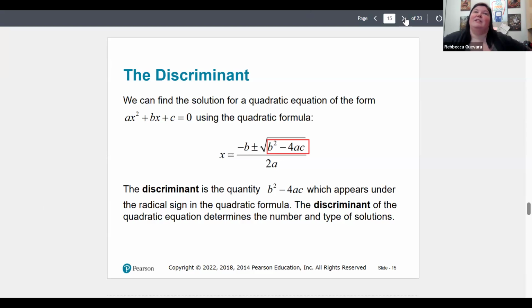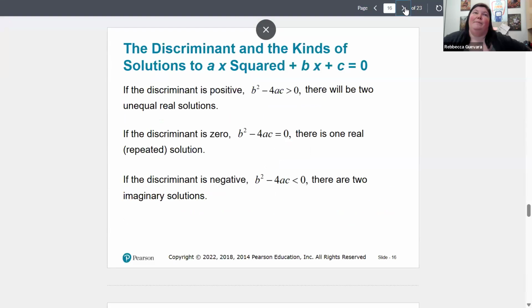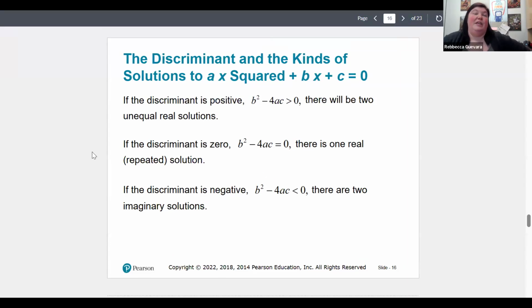I do not use this a lot, but some people do. That's why we're going through it. So if the discriminant is positive, there will be two unequal real solutions. If the discriminant is 0, there will be only one real solution. This one can also be a complex solution.